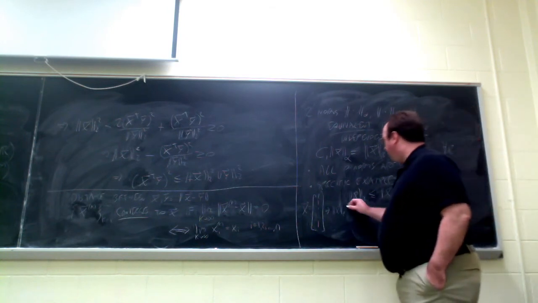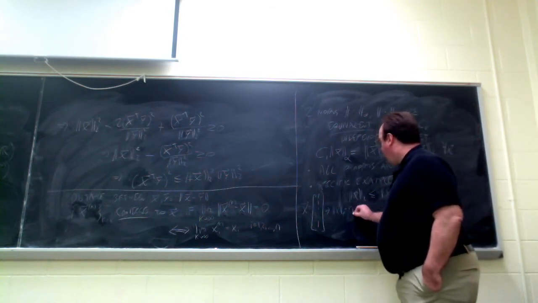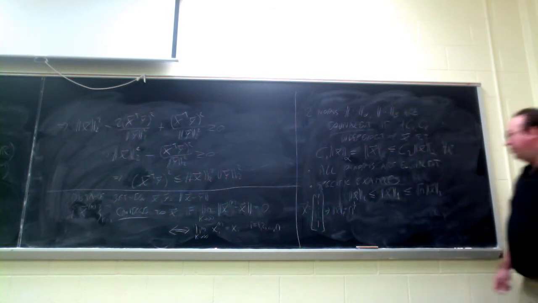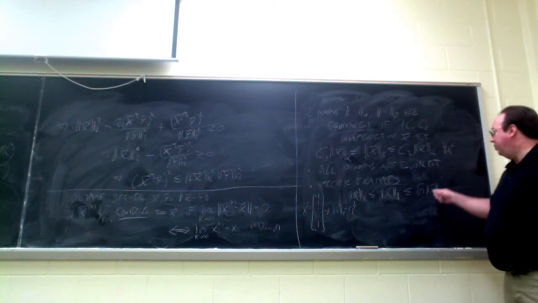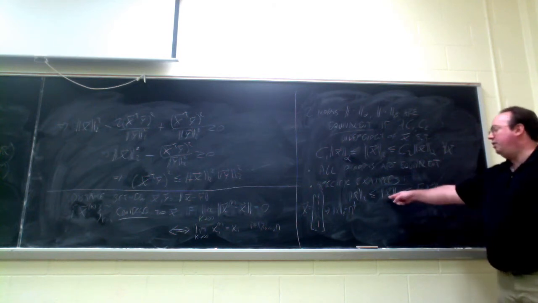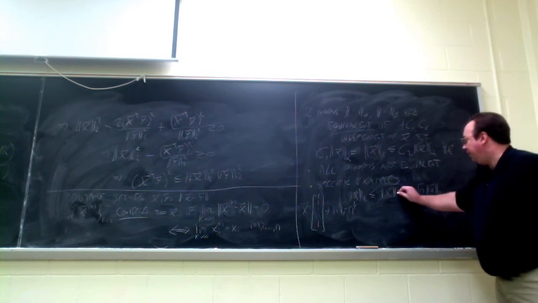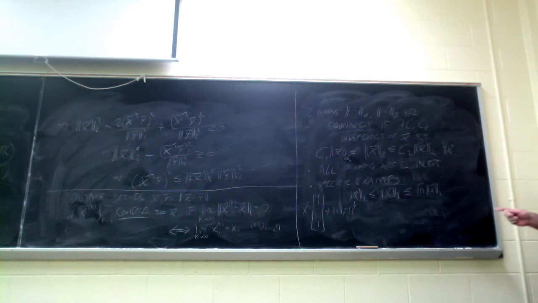So the p norm of this vector is n to the 1 over p. The 2 norm is the square root of n, and the 1 norm is just n. So this inequality becomes an equality in that case. Those are good boundary cases to consider: if a vector has only one non-zero component, or if all components are equal. So that's one example.